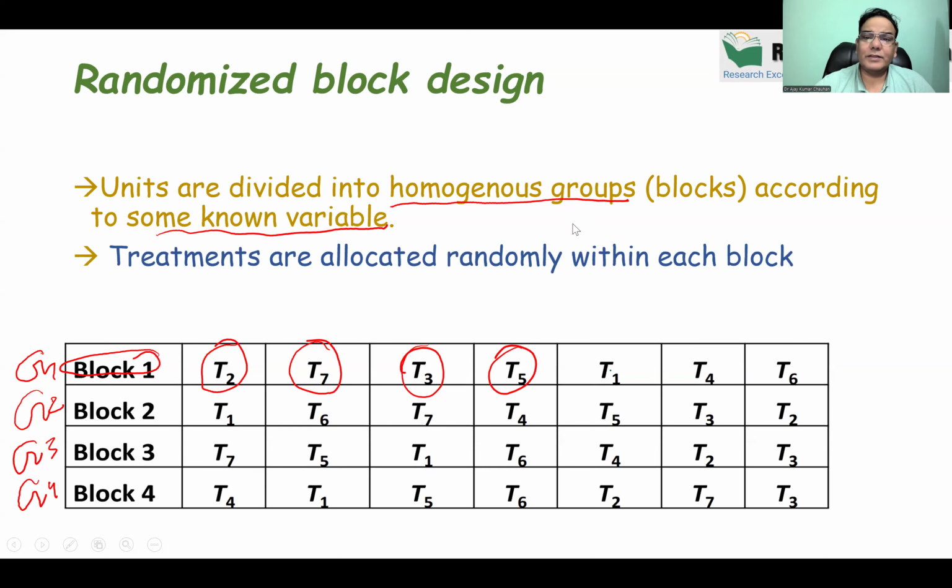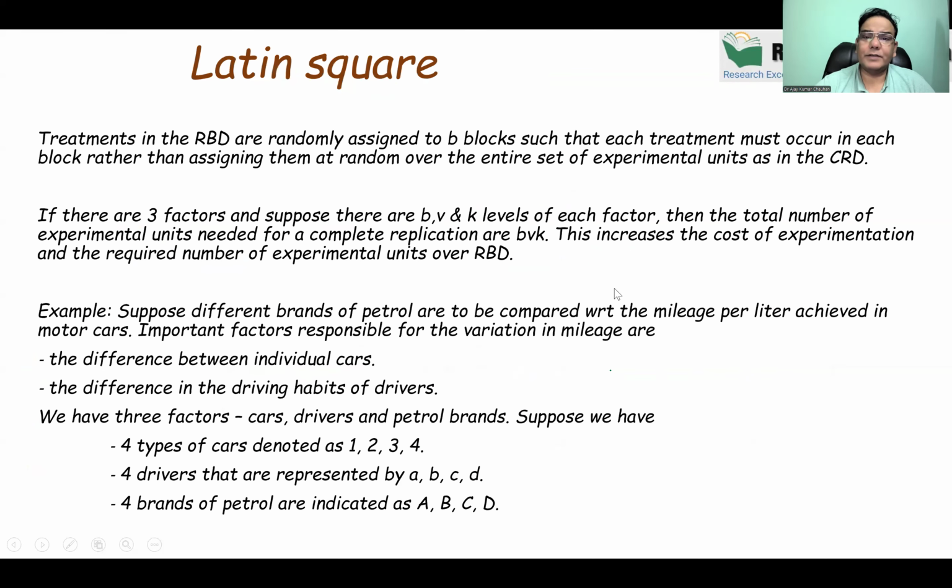Now, after that, there is one more complicated design. इससे ऊपर level का जो design है, that is the Latin square design. Now, in Latin square design, we have three levels. What are the three levels? Previously, one level I mentioned is the demographics.